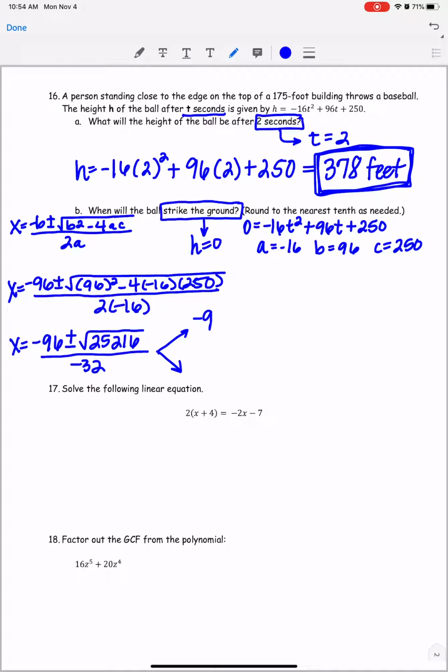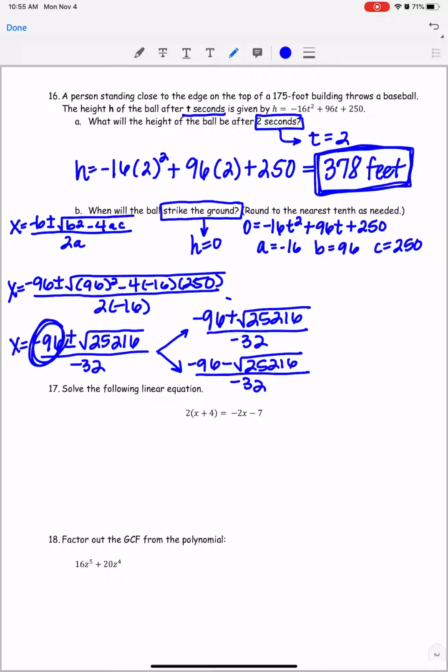This is negative 96 plus the square root of 25,216 all over negative 32. And negative 96 minus the square root of 25,216 all over negative 32. Notice this negative 96 is negative in both answers. The only thing you are changing the sign of is where this plus or minus is.